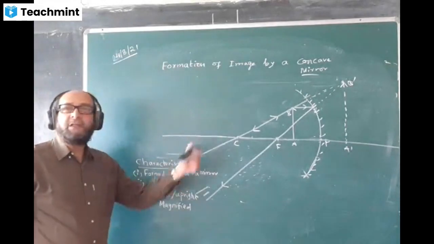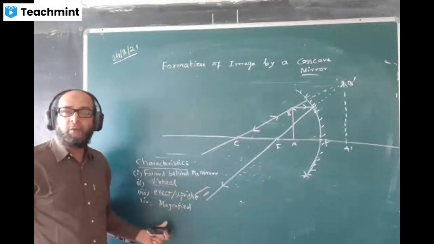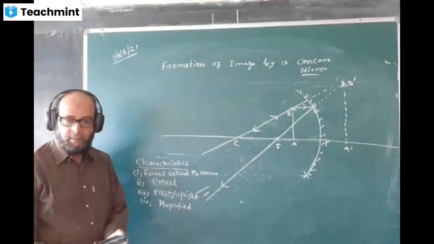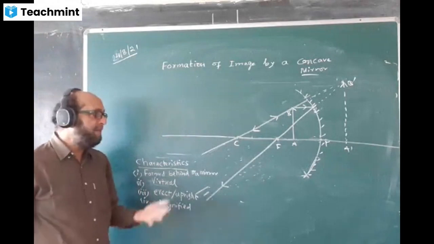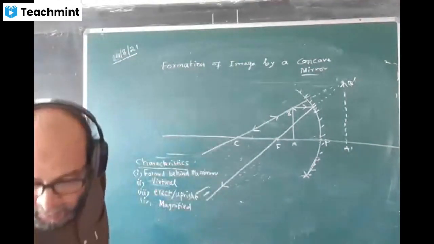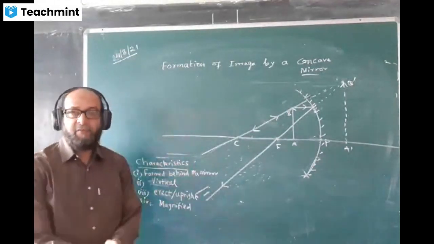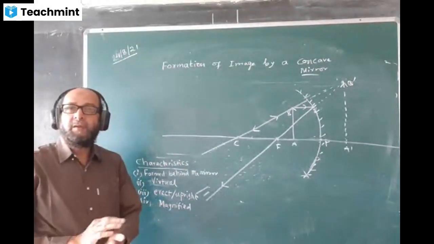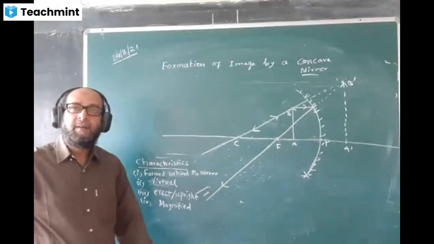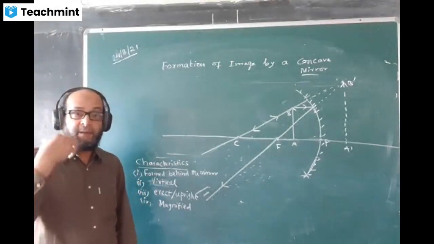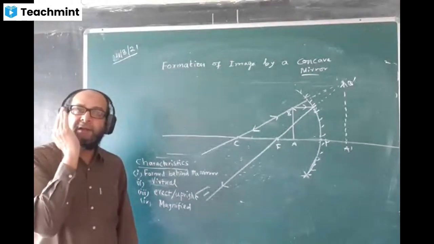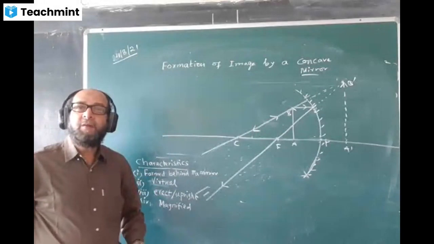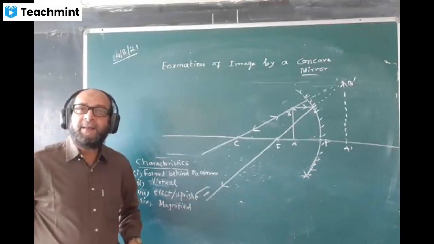Just write the use of this case. Of the uses, the first case and the last case only you have to know. Write: this action of concave mirror is used in shaving mirrors. In a shaving mirror, they bring the mirror very close and anything left over is still magnified there. Shaving mirror, cosmetic mirror.